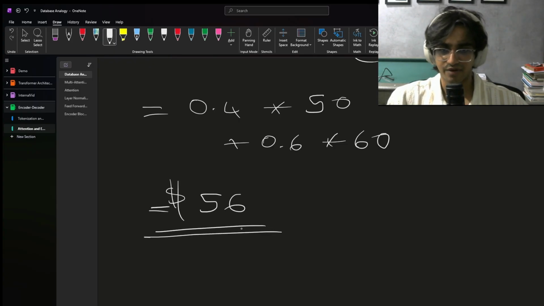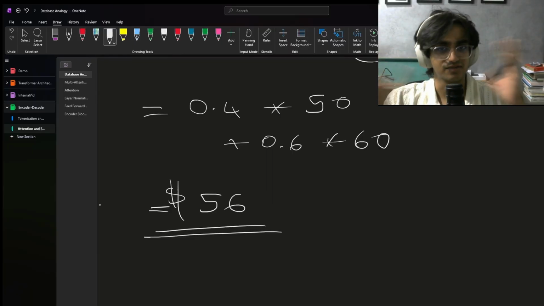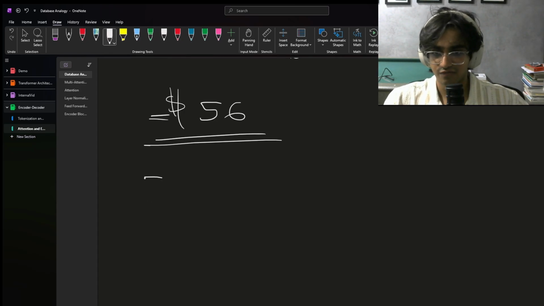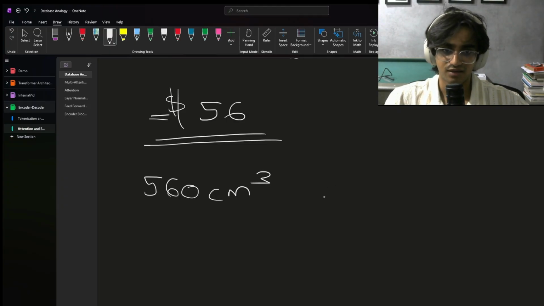So we've got an approximate value we've calculated using similarity. So if we take our data set, our approximate value of 560 centimeter cube from our given data is $56.